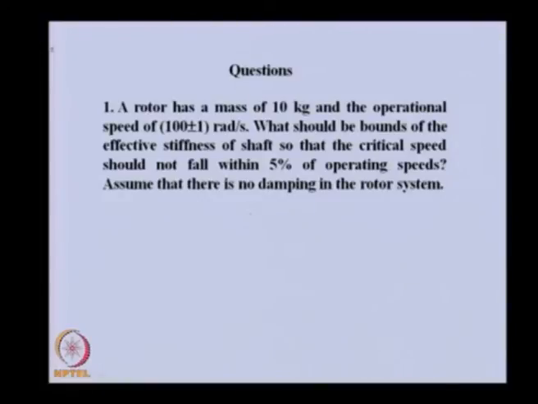So, we know the mass of the system. The operational speed range is 99 radians per second to 101 radians per second. From this we can see that the critical speed should not fall within the operating range of 5%.